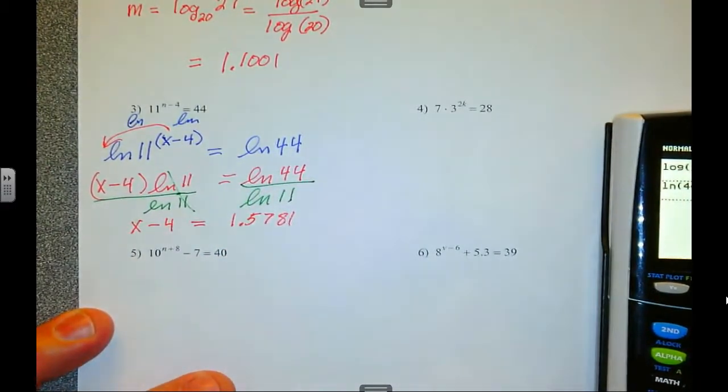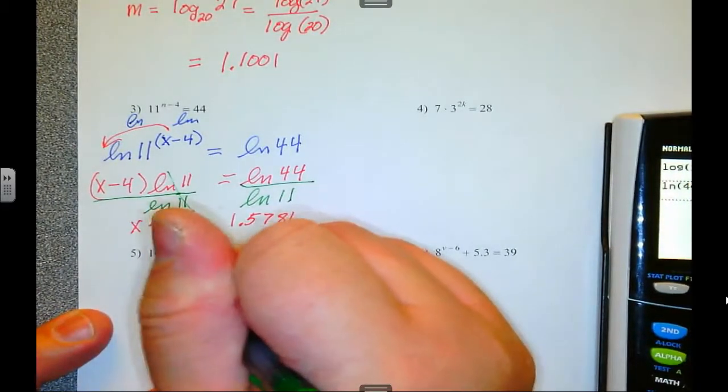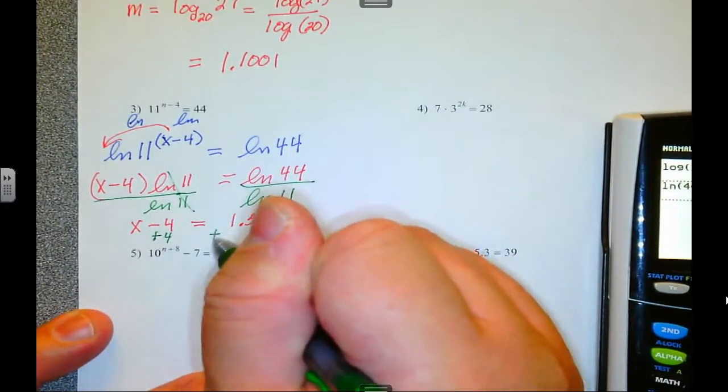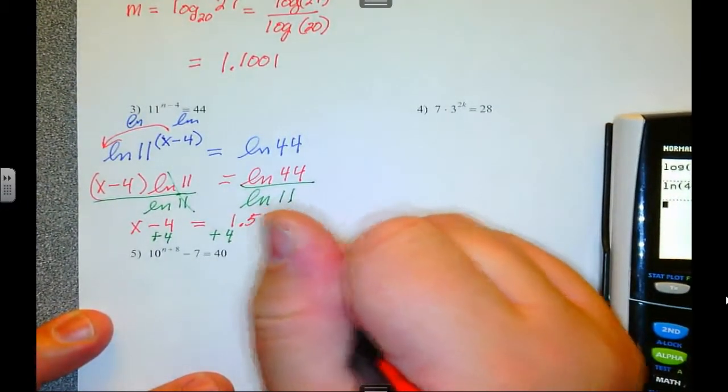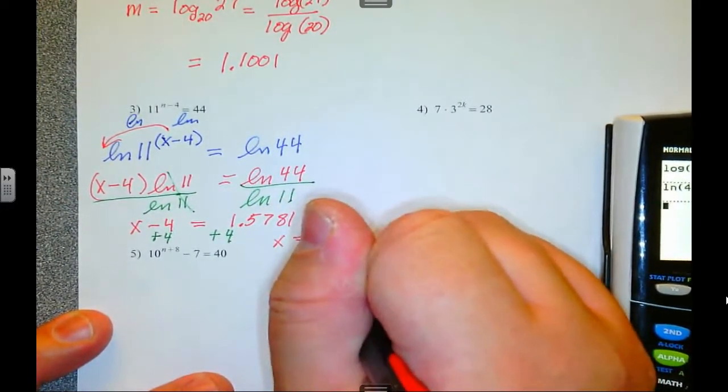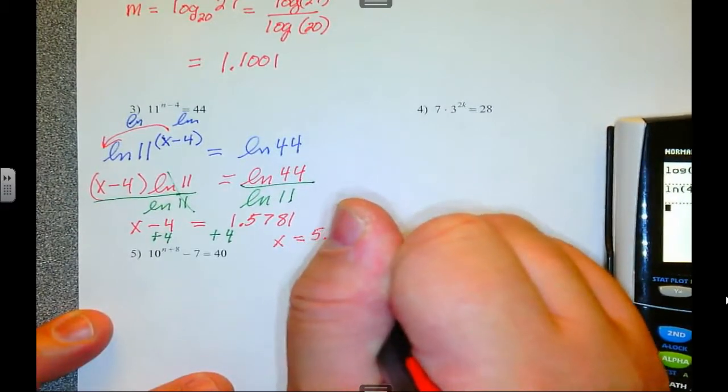And then I'm going to add 4 to both sides. So x is going to equal 5.578.